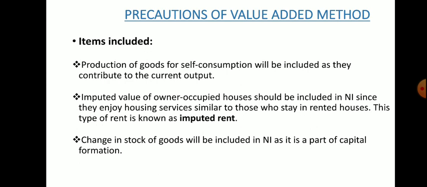The value of self consumption goods should be included, the imputed rent should be included, and change in stock should be included. These are the basic points you need to remember while calculating the national income of a country. So these are the precautions, simply.